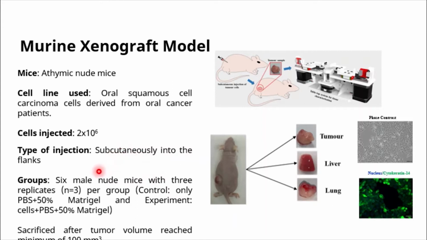While one group was a control where only PBS and 50% Matrigel was injected into the animal, the other group formed the experimental group. In the experimental group, the 2 million cells in PBS and Matrigel were injected into the animal subcutaneously. The animals were then monitored for a couple of weeks and they were sacrificed once the tumor volume reached a minimum volume of 100 mm3.